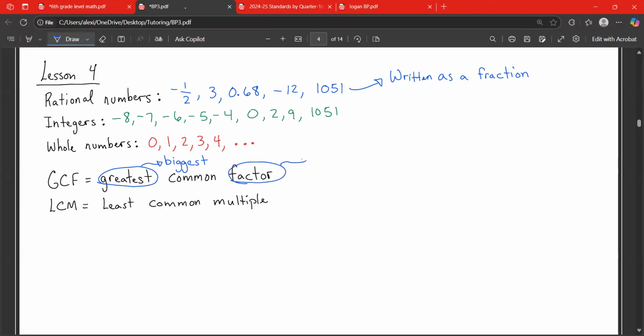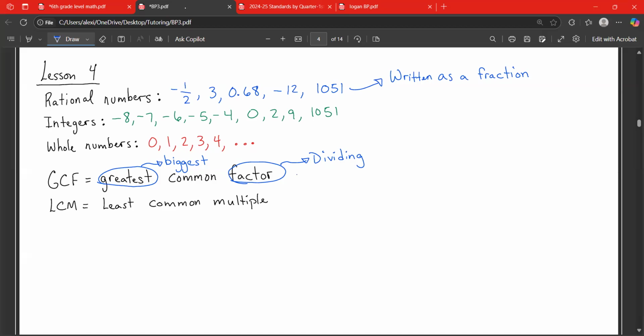Well, how do we get factors? By dividing. So the greatest common factor is the biggest number that the two numbers share, meaning they can both be divided by that number. So the biggest number that they can both be divided by.